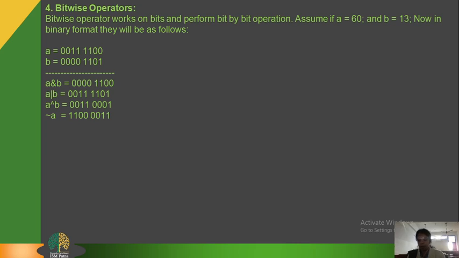Well, the bitwise operator allows us to operate on the bits only. It means when an operation is performed between the bits, it is known as a bitwise operator. So what are bits here? If we take an example, a binary number is a collection of bits. It's not defined as an individual bit.